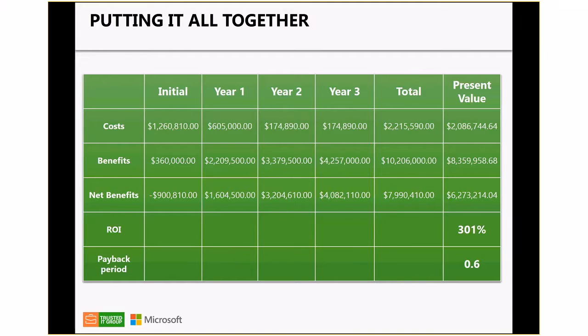If you notice, between the initial negative 900K and the first year's 1.6 mil, we go positive. So the payback period, you can assume, is within the first year. According to this Forrester report, you'll see it in around 6 months, as you can see right here.